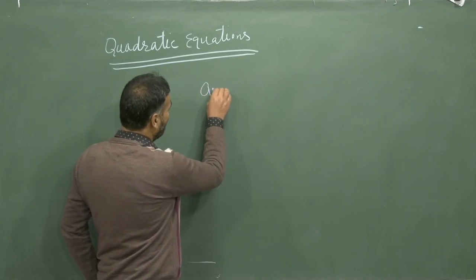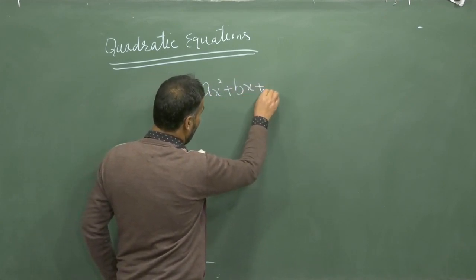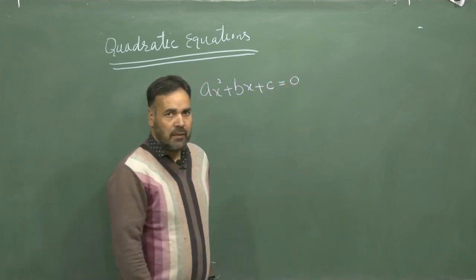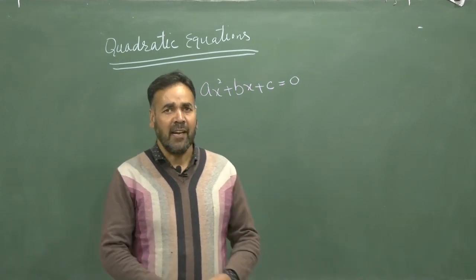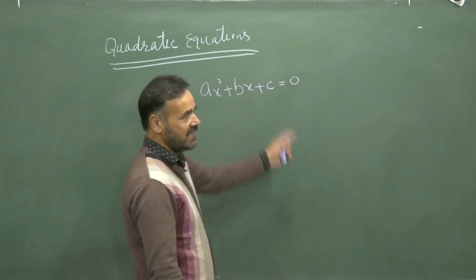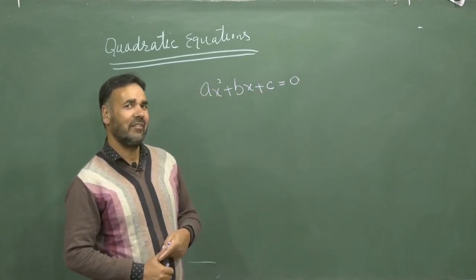The general form of the quadratic equation is ax² + bx + c = 0, where a, b and c are known as the real numbers and the degree of the variable is 2.